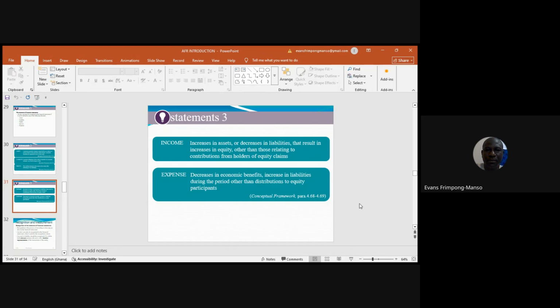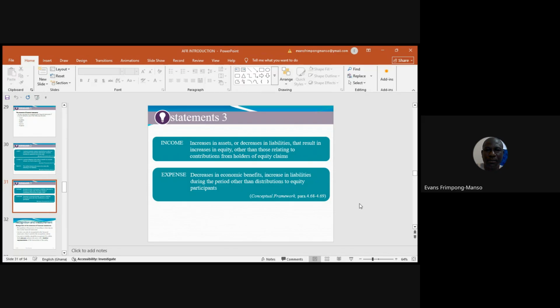Then we go to expenses, which we also define as a result of decreases in your economic benefits. So where your economic benefit is decreasing, it's an expense because more money is going away.